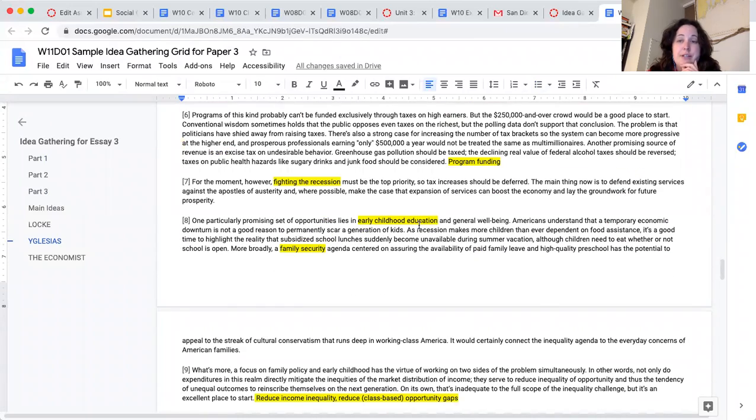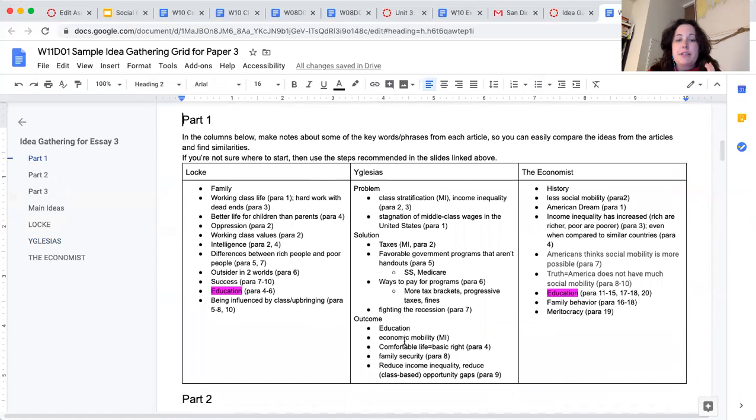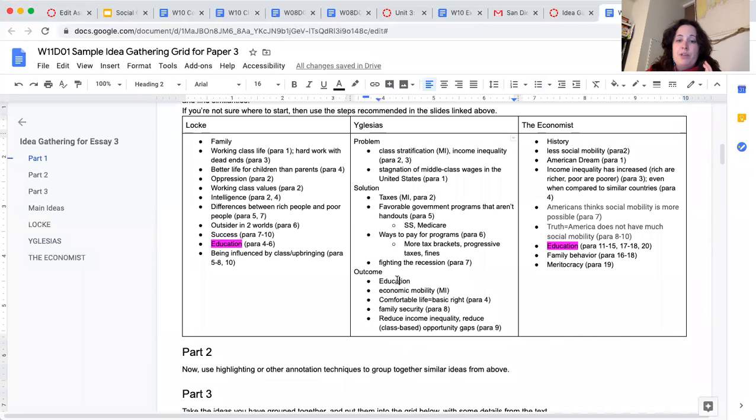So early childhood education. I think we can put it in there and come back to it as it becomes important, or as we think about it a little bit more. So you can see this idea comes up in all three articles. That's great. That's an idea we can use.